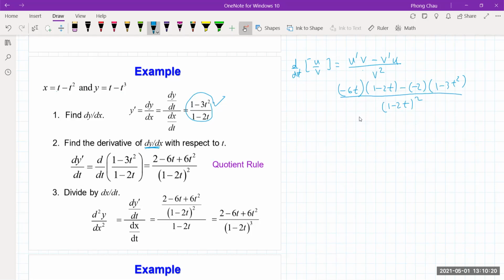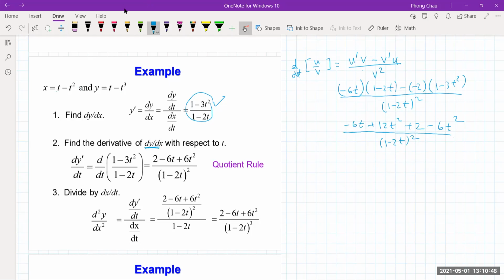Right, so when you multiply out, it'll be -6t plus 12t squared. This is positive 2, and then distributed it becomes -6t squared. Again, everything over 1 minus 2t quantity squared.